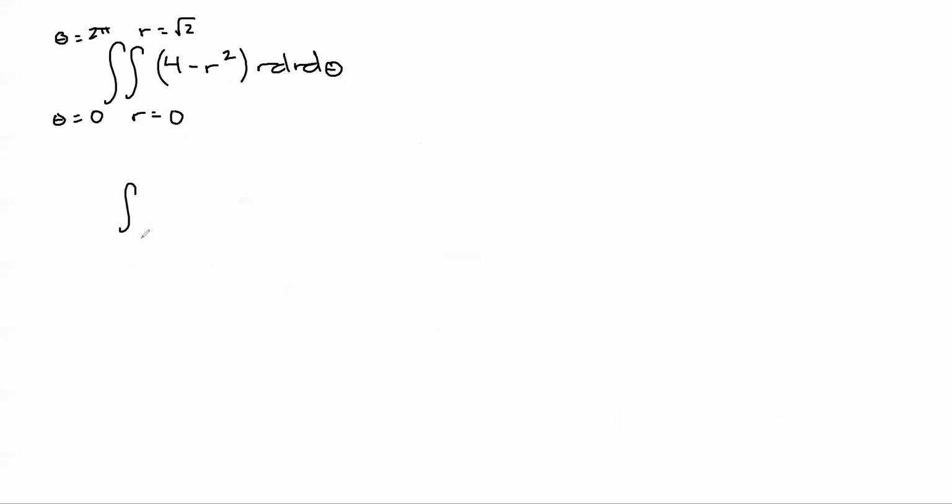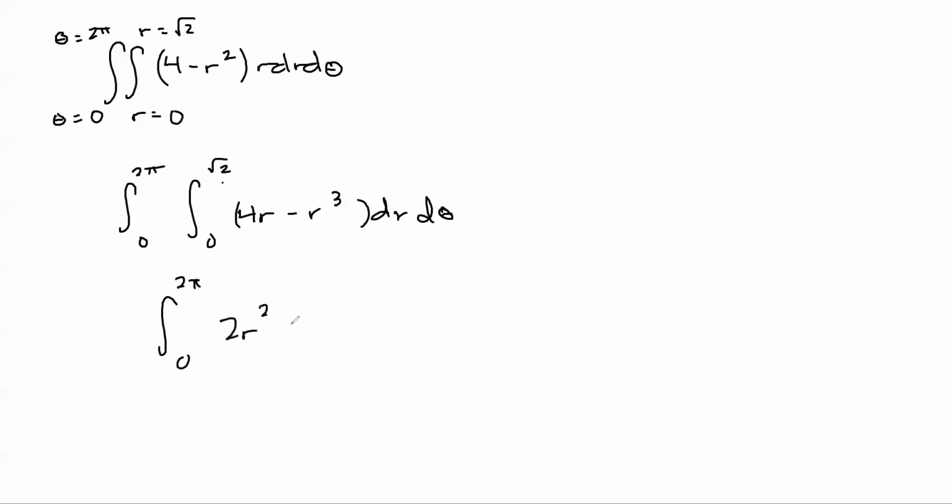And then from there, to evaluate that, we do the integral from 0 to 2 pi, 0 to root 2, of 4r minus r cubed dr d theta. Then 0 to 2 pi of 2r squared minus r to the 4th over 4, from 0 to the square root of 2, d theta.